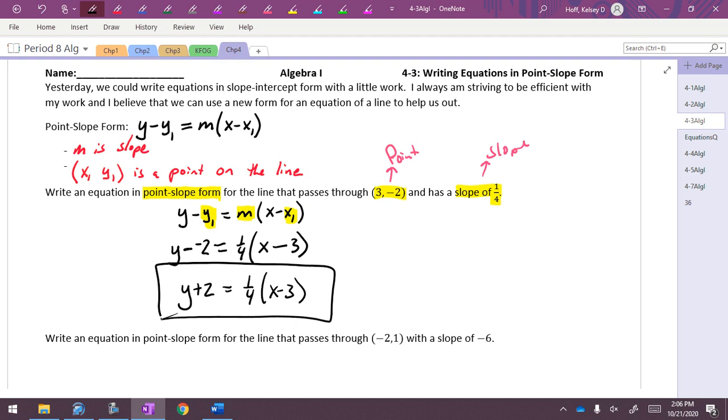In point slope form. Try the next one on your own.